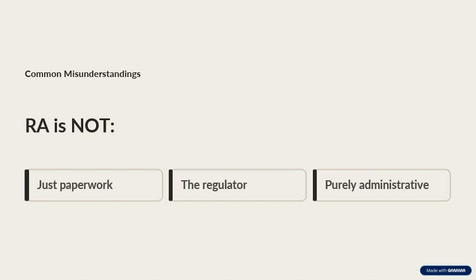They are not. Regulatory decisions are always made by authorities, not by companies. And third, RA is sometimes viewed as a purely administrative role. In practice, it requires scientific understanding, clear communication, and accountability. Recognizing these points early helps prevent frustration and unrealistic expectations.